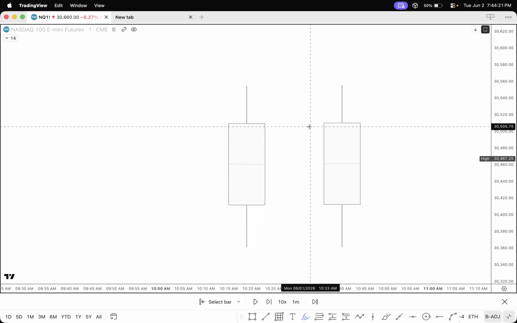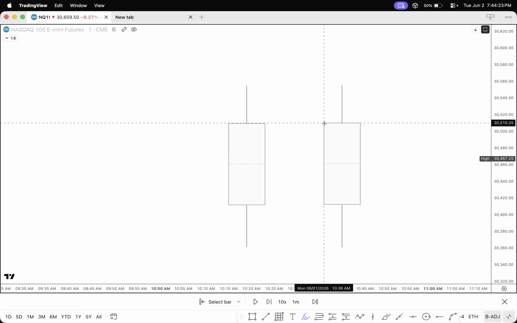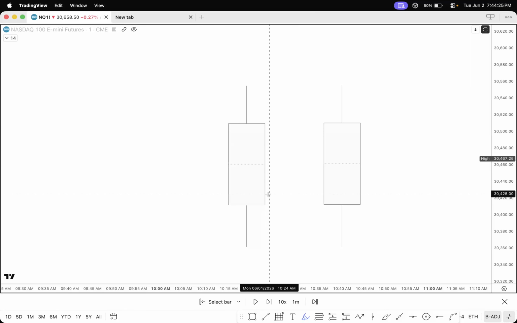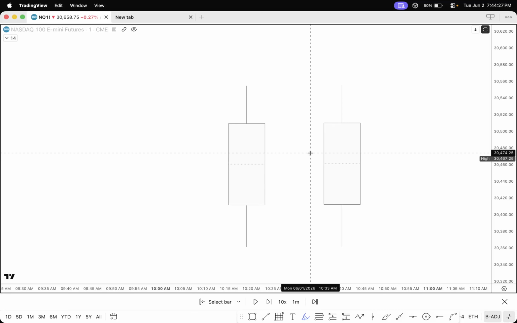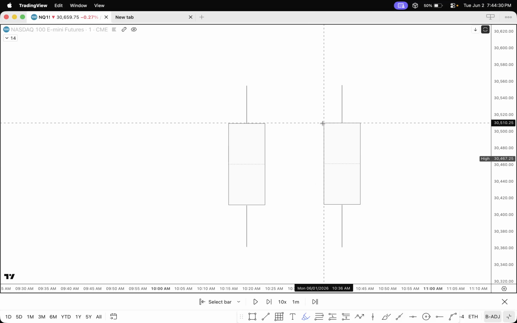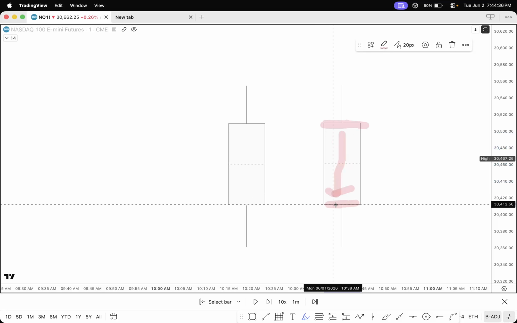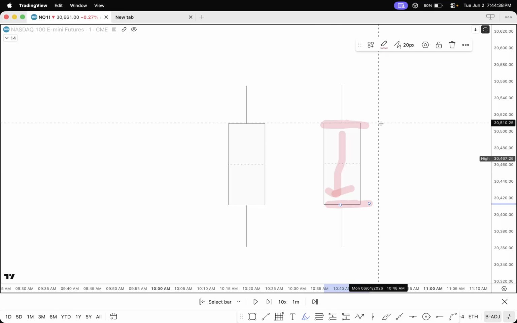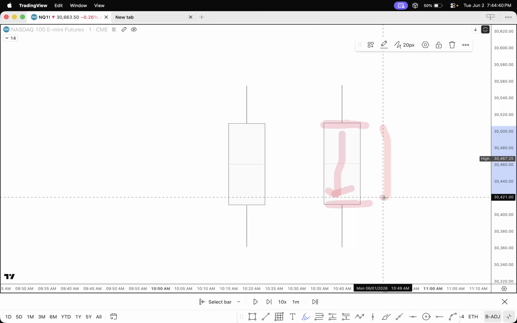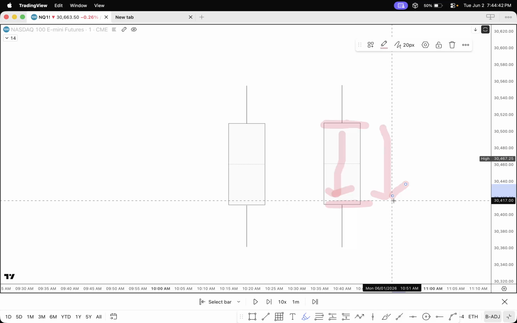And then a bearish candlestick is the same thing except the opposite. A bearish candlestick means the price is going down. So in that case, you can probably figure out what's going to happen. It's going to open high over here, it's going to travel all the way down, and then it's going to close here. Because there's a higher price, and then price goes lower, because price is dropping.